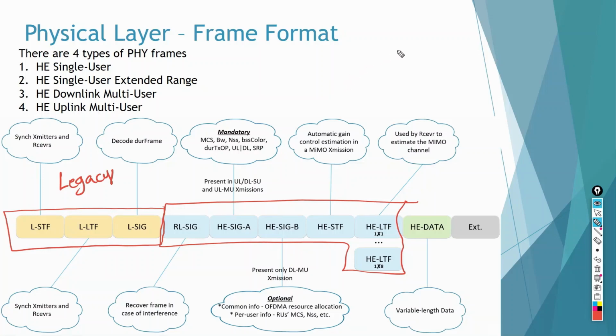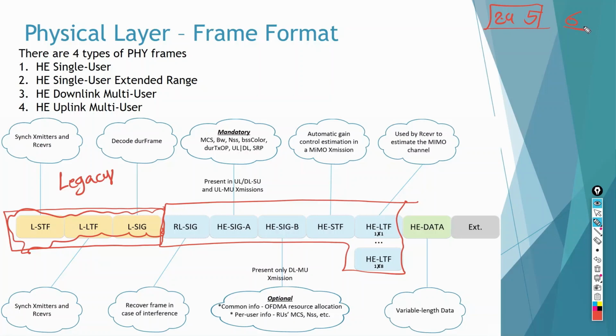As we know, 11AX is expected to run in the 2.4, 5 gigahertz, as well as the 6 gigahertz band. So the legacy preamble is expected to exist only in the 2.4 and 5 gigahertz bands. For the 6 gigahertz, to my knowledge, we don't have any Wi-Fi chipset that used to run in the 6 gigahertz band.